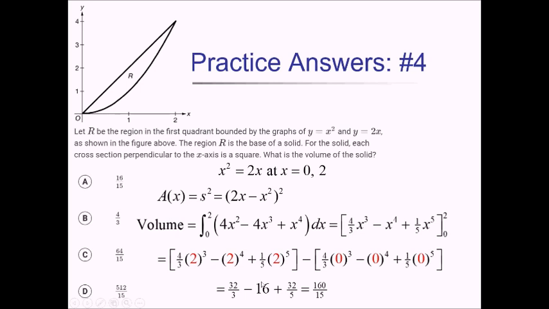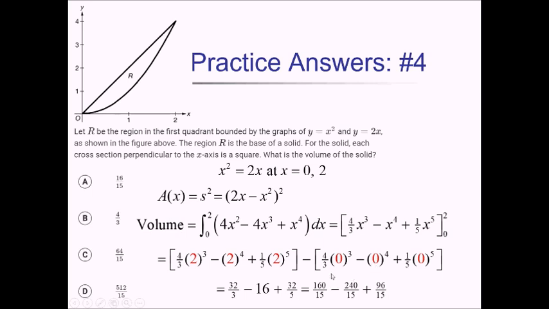Well, what's 15 times 16? I don't know. But I know that 4 times 15 is 60, and 16 is 4 times 4. So that would be 4 times 60, so 240 over 15 then. So we're subtracting 240 over 15. And then this last one, we need to multiply by 3 over 3, so 96 over 15.